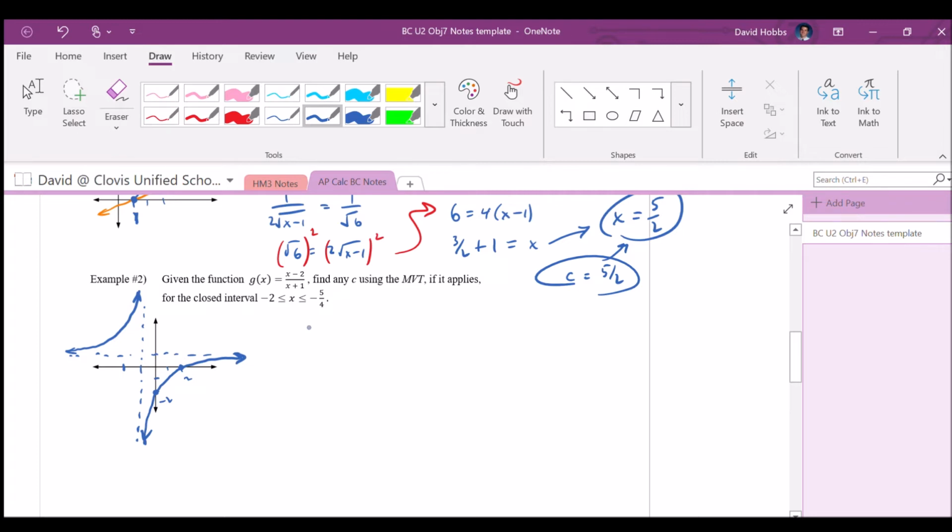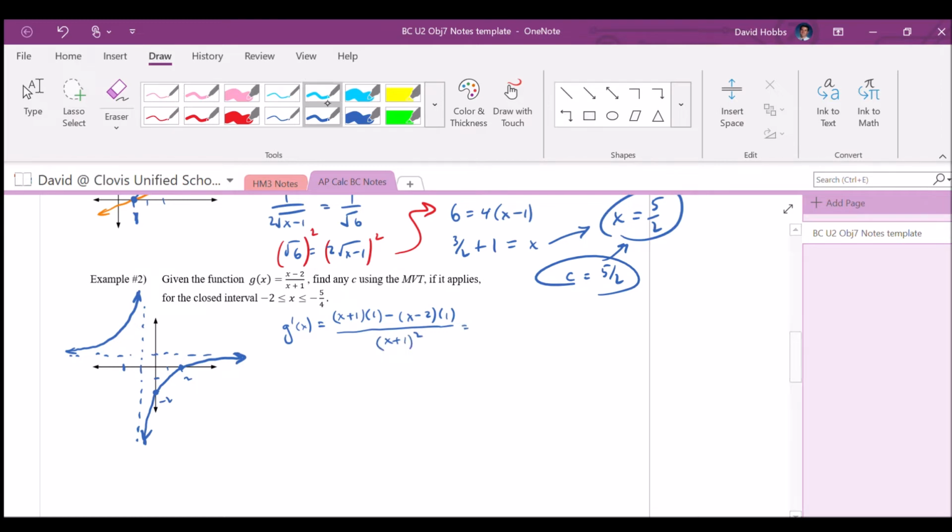Okay, so we need the derivative. So g prime of x: low d high minus high d low, all over low squared.